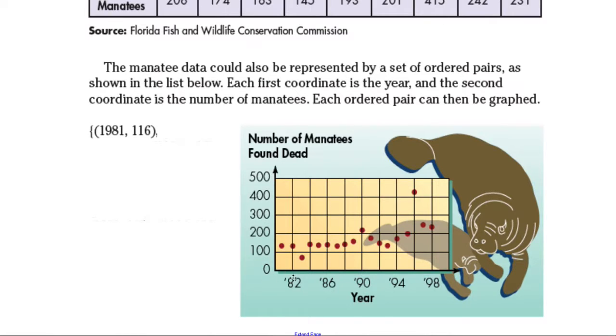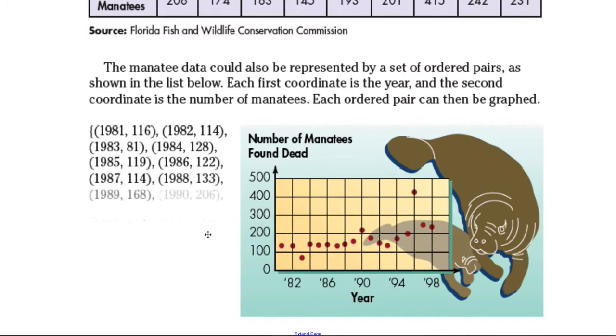So 1981 is right around here, and 116 approximately there. Then 1982, 114. These are just approximations, obviously. 1983 and 81. 1984 and 128 right here. 1985 and 119, 1986 and 122, and so on and so forth.